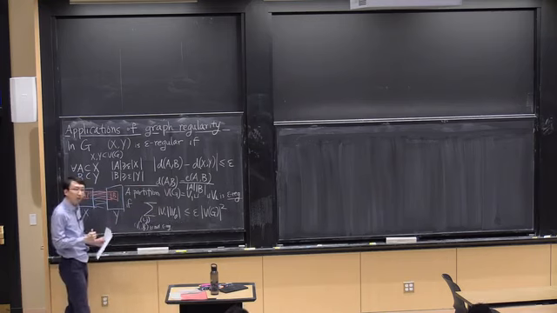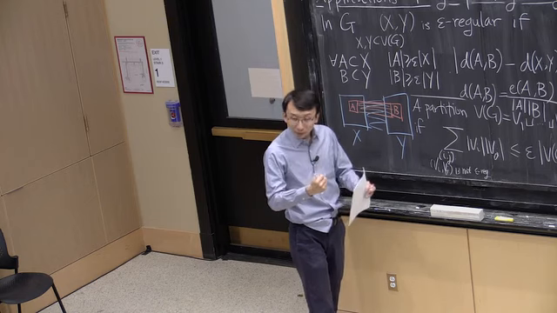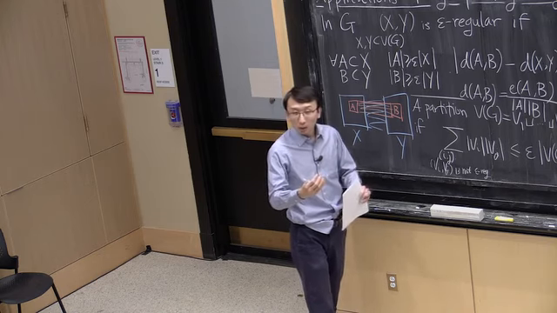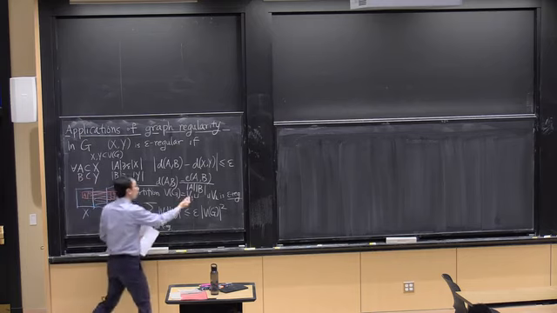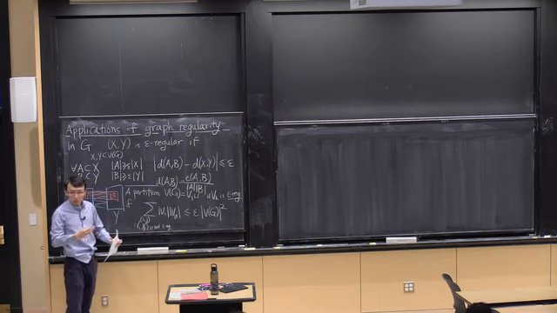The way to think of this is that there are not too many irregular pairs, at least in the case when all the parts are equitable. You should really think about all of them having more or less the same size, then saying that at most an epsilon fraction of them are irregular.